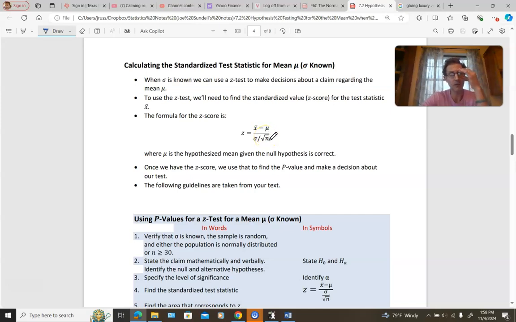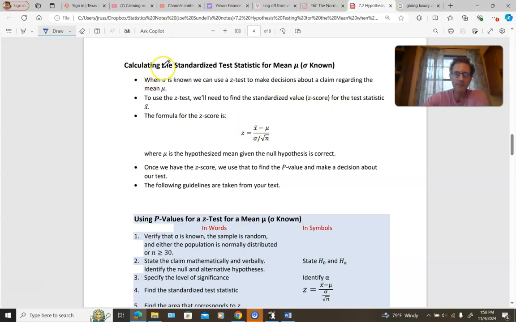So remember, we're talking about a distribution of sample means, and that distribution of sample means is actually much tighter than the original distribution would be. Okay, so that's what this square root of n does, it makes the variance of this distribution of sample means much tighter. Okay.